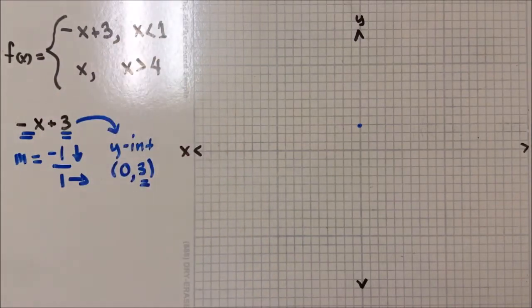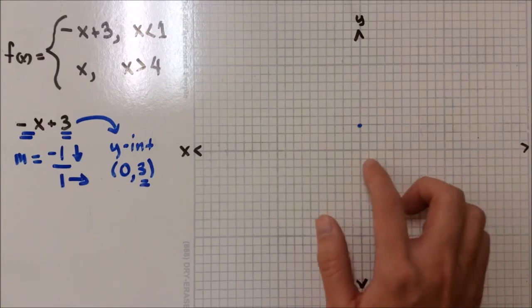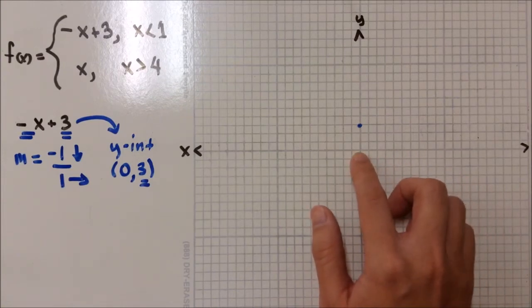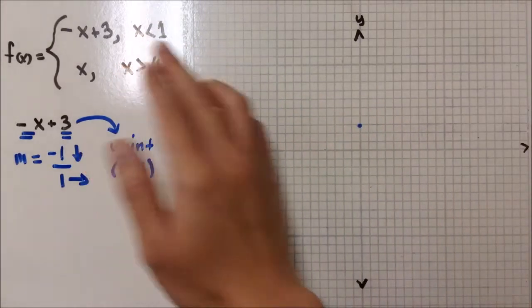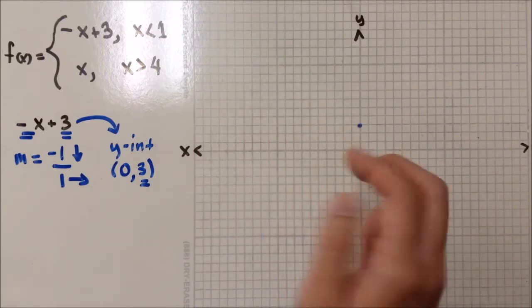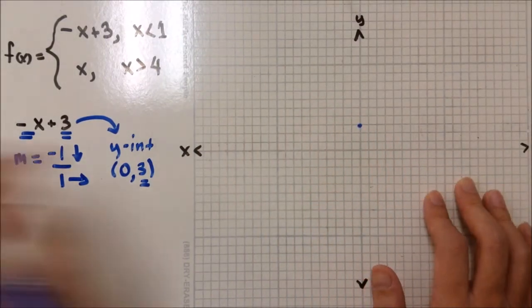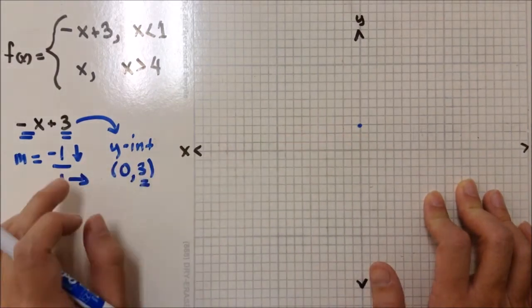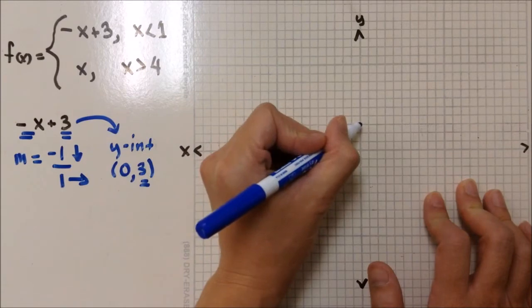So here's the center, and then here's 1. If it's less than 1, that means that you can only see the line on the left side of 1, but not on the right side. So here's our y-intercept, here's our slope. It goes down 1 and then right 1.